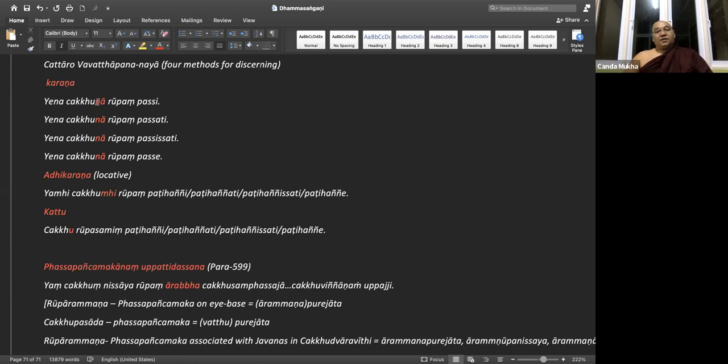So the eye is just an instrument to see the visible object. In paragraph number 597 of the Dhammasaṅgaṇīpāḷi, as well as here, "idāni yasmā": you can find in the second sentence "tasmā", yasmā, tasmā.